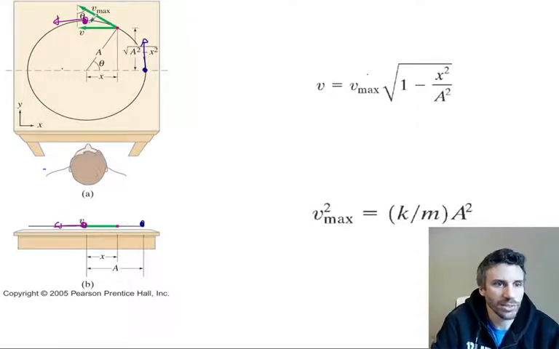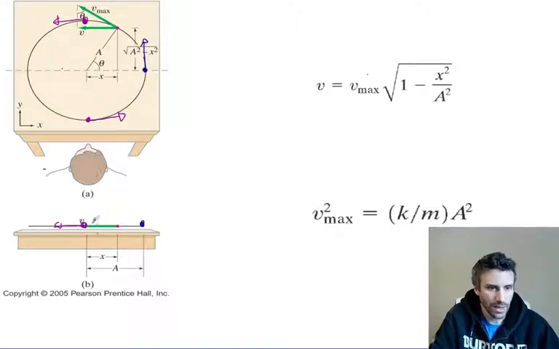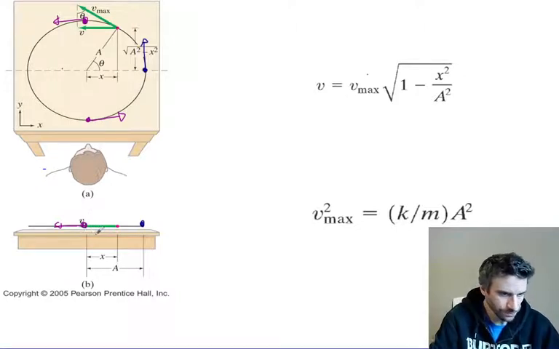There are only 2 moments in time when it would be. That is when it's here and when it's here. In fact, let me switch up colors back to what I had before. So when it's here and it's moving in this direction, then its velocity along the tangent is equal to its velocity from your field of view.